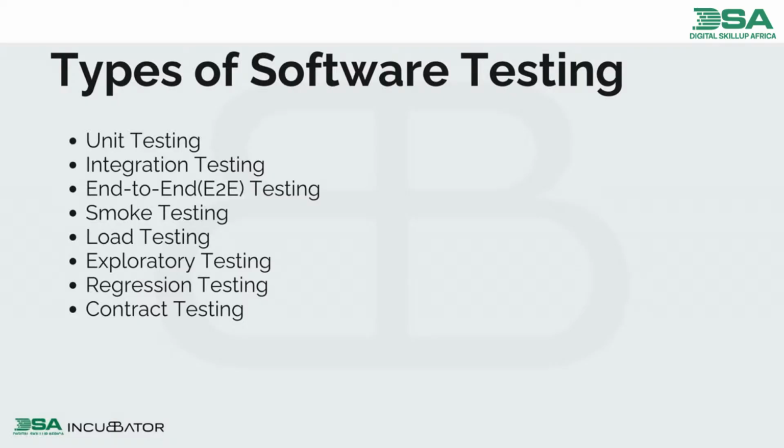All right, so the other types of testing we have are smoke testing, load testing, and exploratory testing. So for smoke testing, this actually happens when you do a deploy. Say you deploy to a production environment, you are just clicking around to ensure that everything still works, because yes, you may have run your unit test, done integration testing and all of that, but just to quickly check that nothing is broken.